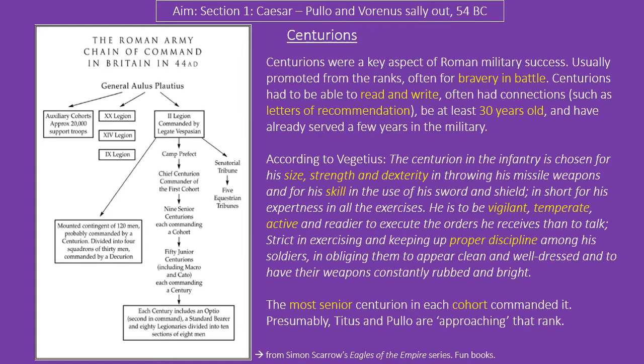There's a notable story about one centurion whose nickname was Bring Me Another, because he kept on breaking sticks hitting his own soldiers if they weren't marching properly. The most senior centurion in each cohort commanded it, and the most senior of all the centurions was the Praefectus Castrorum, the camp prefect. Titus and Pullo are therefore presumably more senior-ish centurions, and they're trying to get noticed by their commander so that they might get promoted.